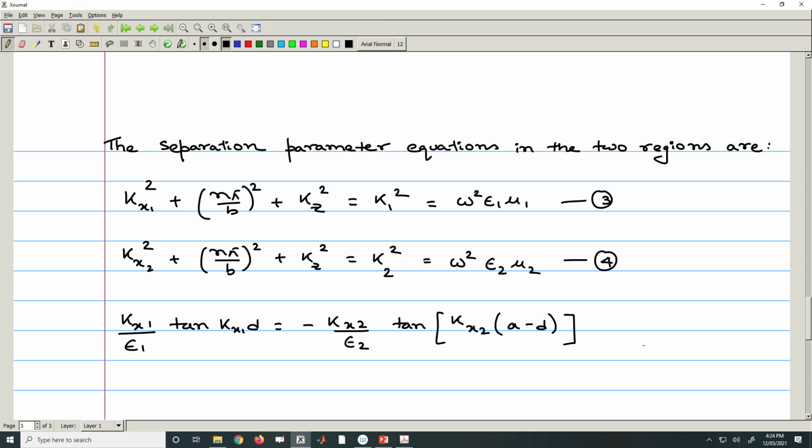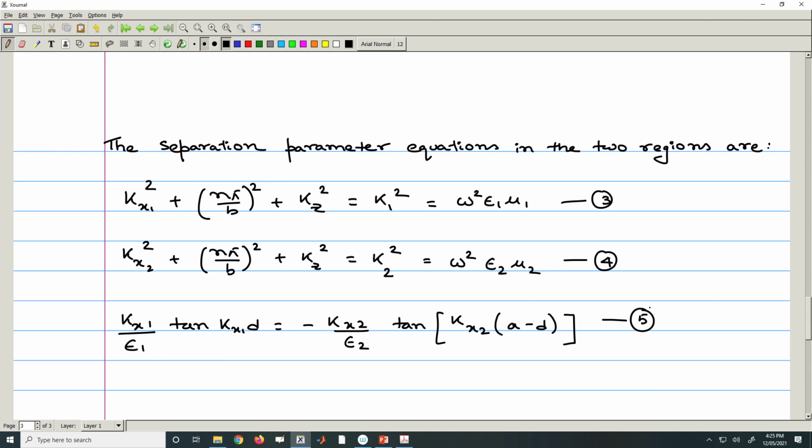Okay. So, let us denote this as equation number 5. Now, both k x 1 and k x 2 are functions of k z, and this equation we can call a transcendental equation for determining all the possible k z's, that is the mode propagation constant.